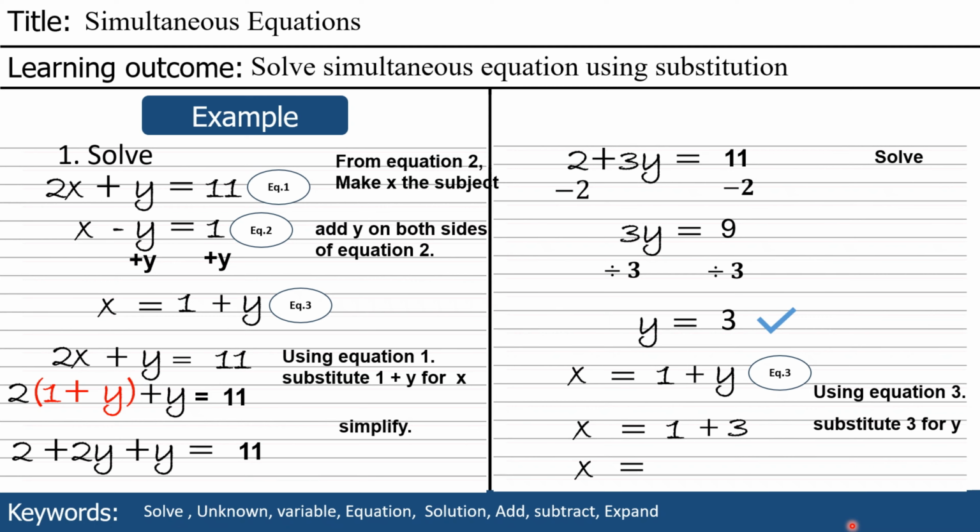So add 3. So x equals 4, meaning that our answers are x equals 4 when y is equal to 3. And we can always check our answer. So when x is 4, y is 3, and 4 subtract 3 is 1. Therefore, our answer is correct.